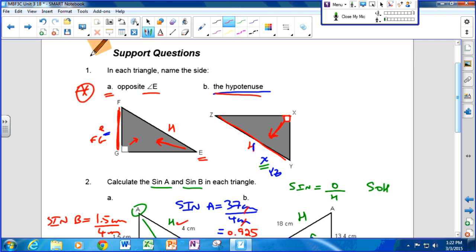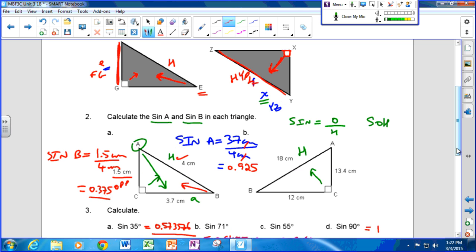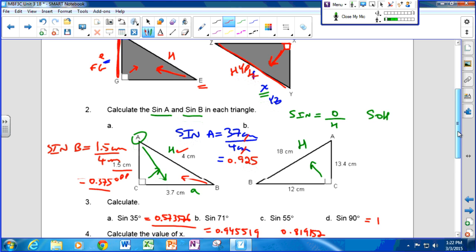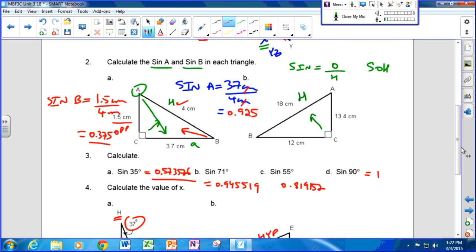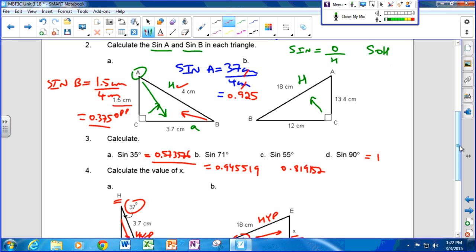Okay, there's your hypotenuse, H, Y, P. Now the book sometimes uses H, so that's why you can call it HYP if you want to make sure it's not confused for a variable. So in this case, the sine, this is the one case where there are no units when you're calculating the sine of something, because you're dividing two numbers that have units, and those units cancel out, and you just end up with a straight up number, a ratio.